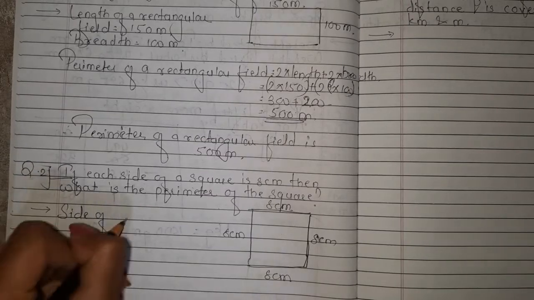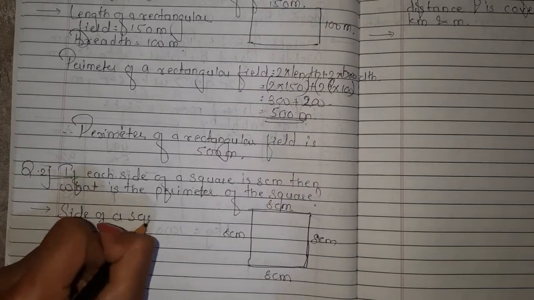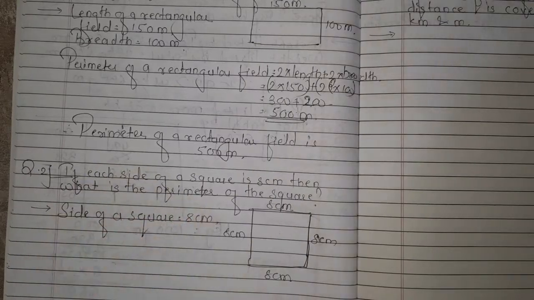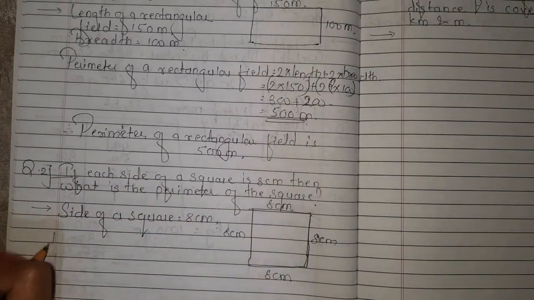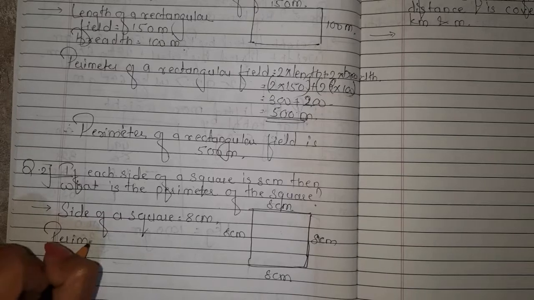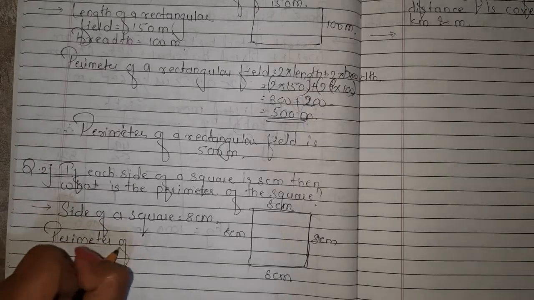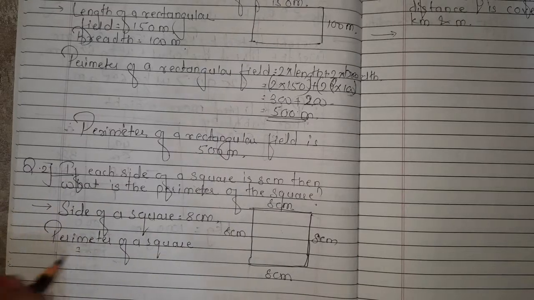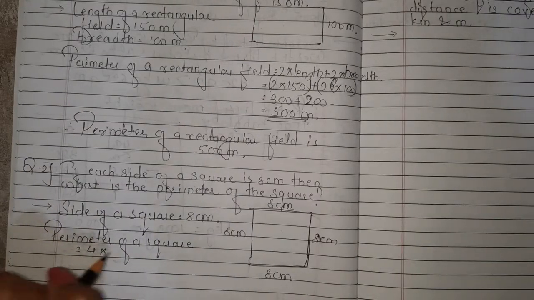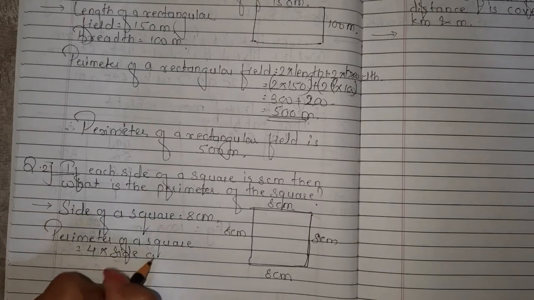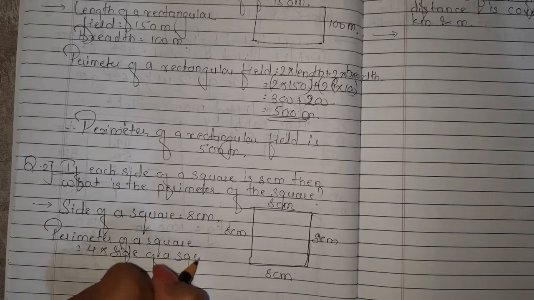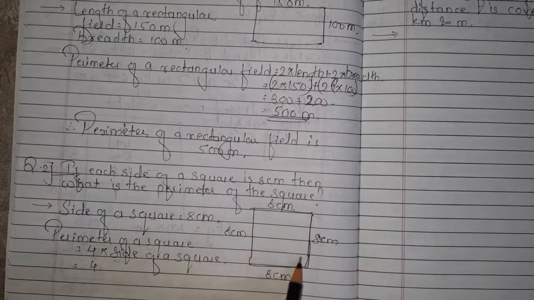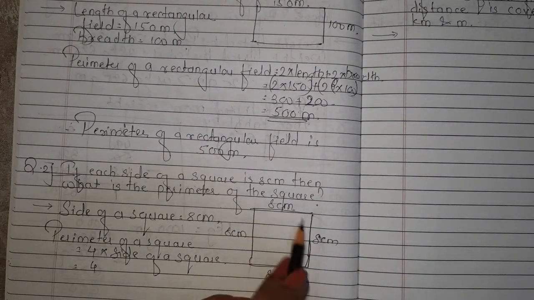First, side of a square 8 centimeter. We have to find out perimeter. So perimeter of a square is equal to formula 4 into side of a square. Why 4? Because a square has 4 sides.